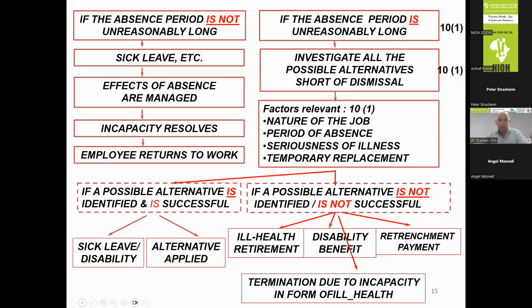And the first piece of information you need is how long before the person is likely to be able to return to work. And when they are able to return to work, will they be able to do all of their job or part of their job?